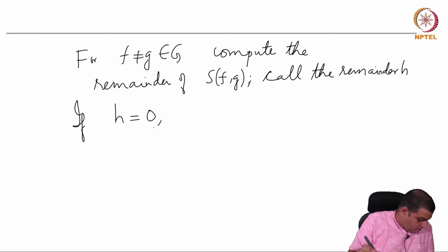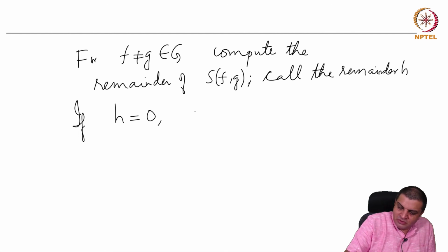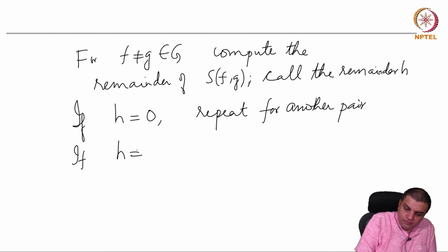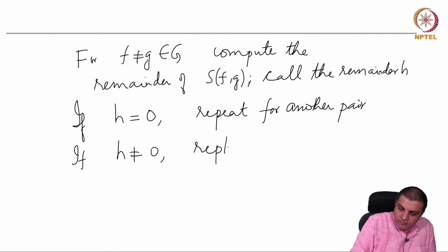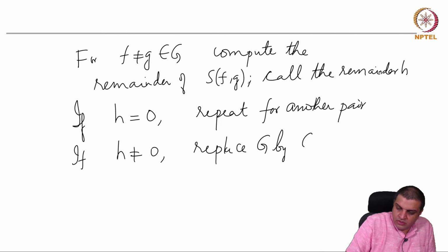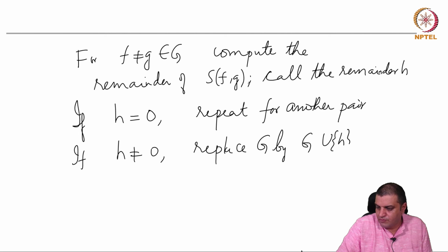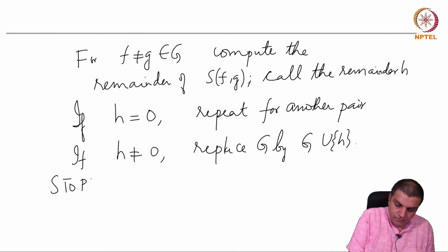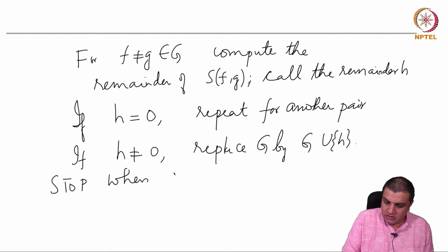Just repeat for another pair. And if H is non-zero, throw H also into the collection of G. Now again do this, and stop when the remainder is 0 for every pair.